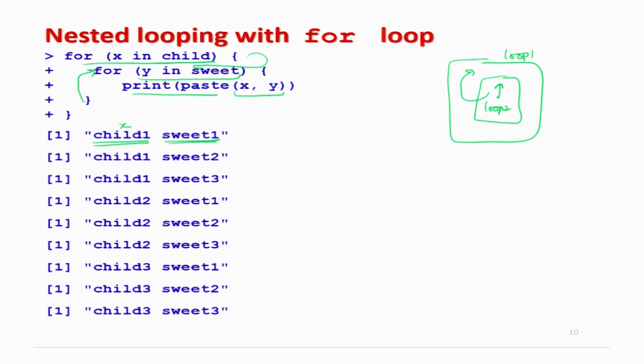So now it will select all the values in the data vector suite, which are suite 1, suite 2 and suite 3, and it will keep child 1 fixed.